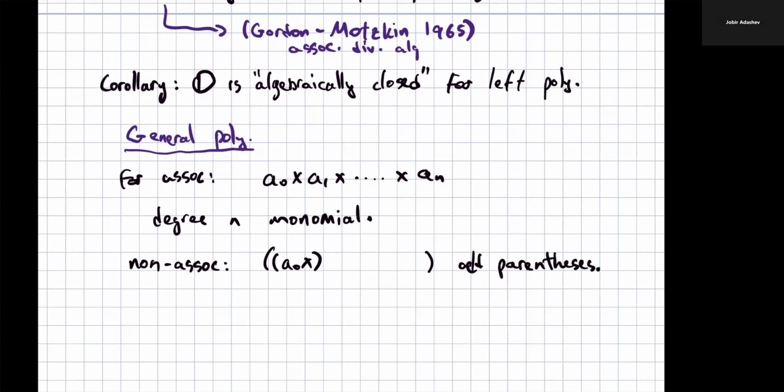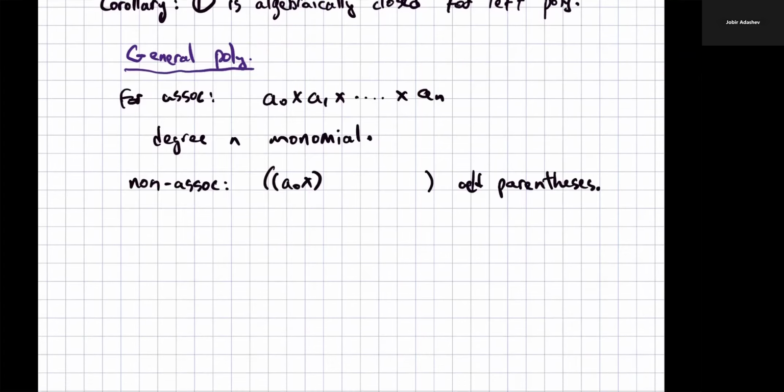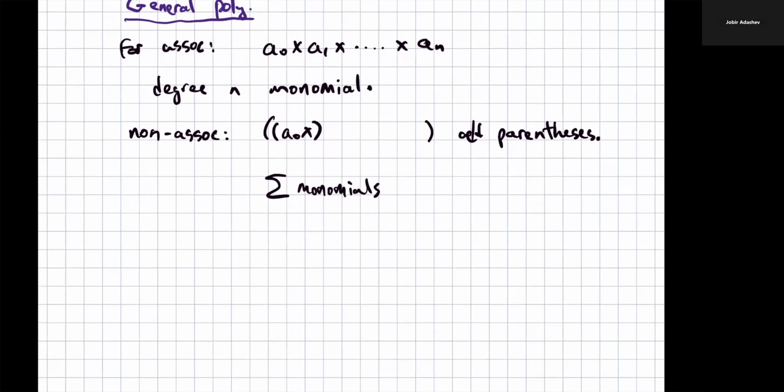Okay, and so what can we say about these general polynomials? Then we take a sum of these monomials, and this is called a general polynomial. Obviously, they're very hard to work with because of this mixing. Here x is not central, and we have a lot of freedom.